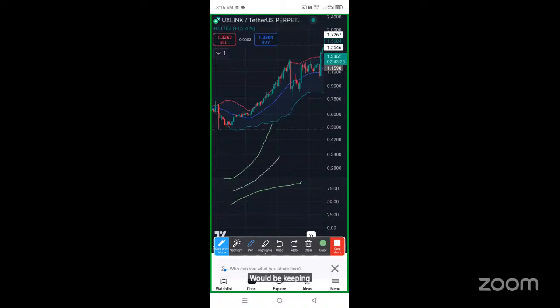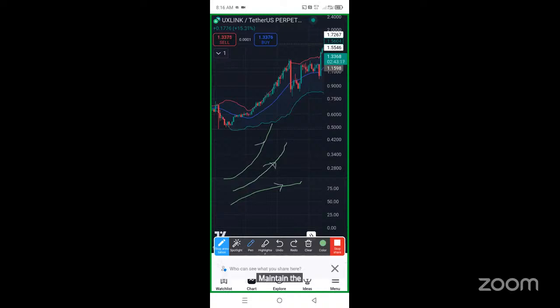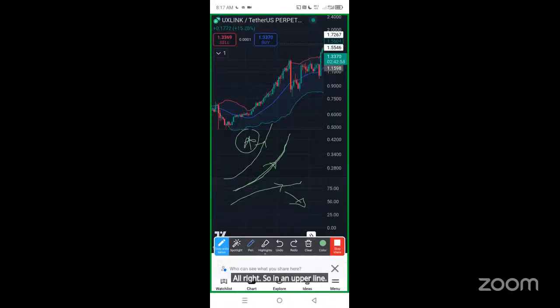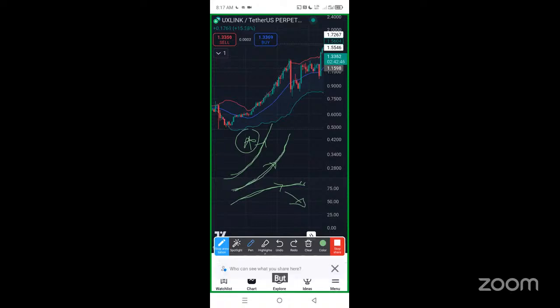Much as the upper line will be deviating and moving away from it, the middle line will still maintain the trend in which the upper line is moving, and keeps on leaning towards the upper line.